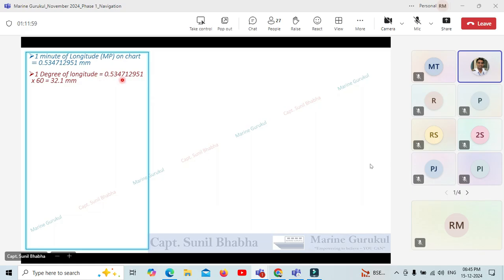So this multiplied by 60 gives us 32.1 millimeters. So we obtain the length of 1 degree of longitude equal to 32.1 millimeters. Now you can round off this value to one place after the decimal for millimeters.